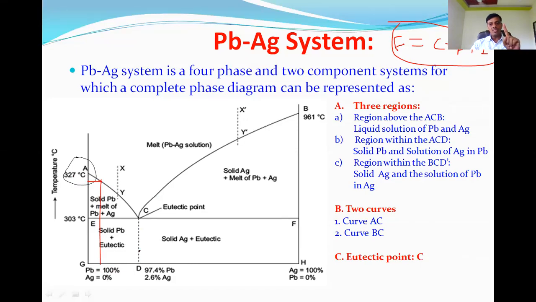Degrees of freedom 1 means even if we fix the value of one variable, the other variable automatically gets fixed. Okay, this is about the curve AC.